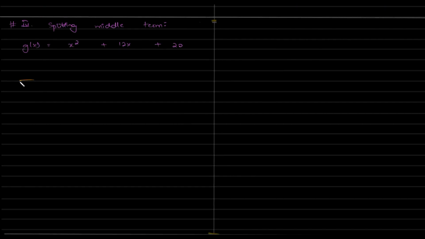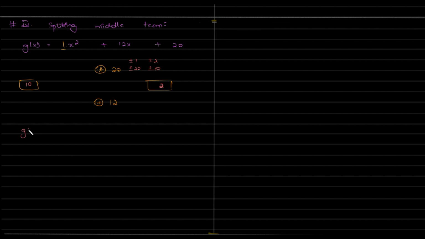We need two numbers which, when multiplied, give us 1 into 20, that is 20, and when added give us 12. For that we write the factors of 20: plus or minus 1, plus or minus 20, plus or minus 2, plus or minus 10. I think we found the numbers. Both have to be positive, because this is positive and that is also positive. So 10 into 2 is 20, and 10 plus 2 is 12.